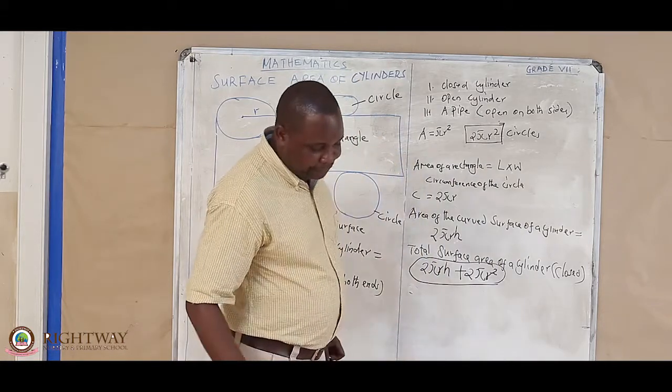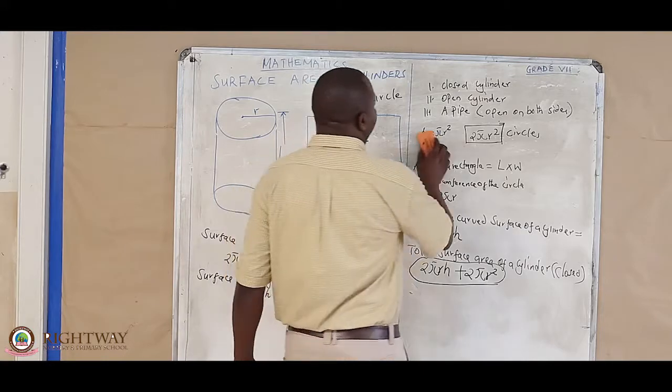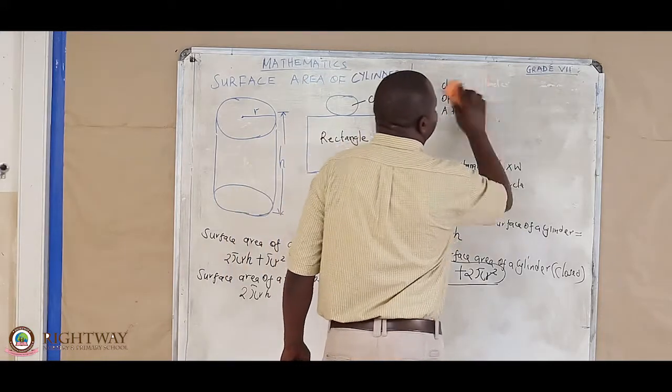That is the formula for finding total surface area of the curved surface of a cylinder. Let's do a question here to work out using the formula.